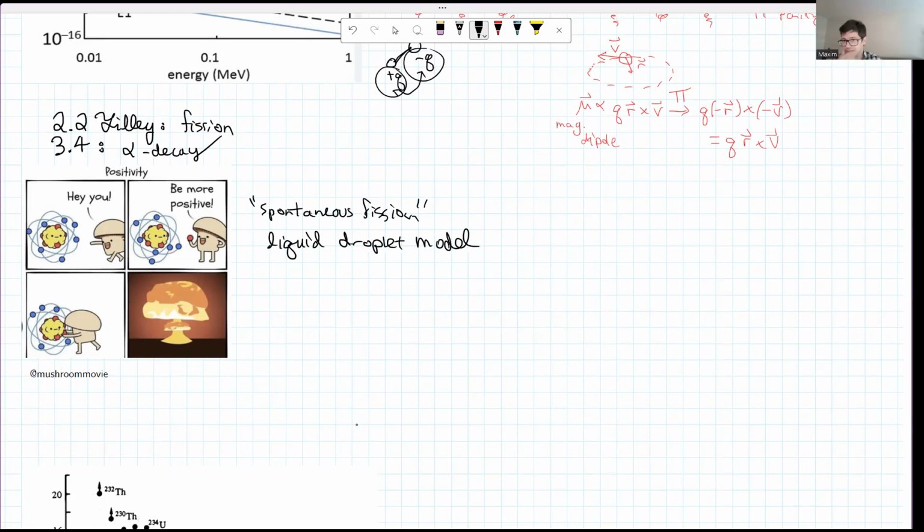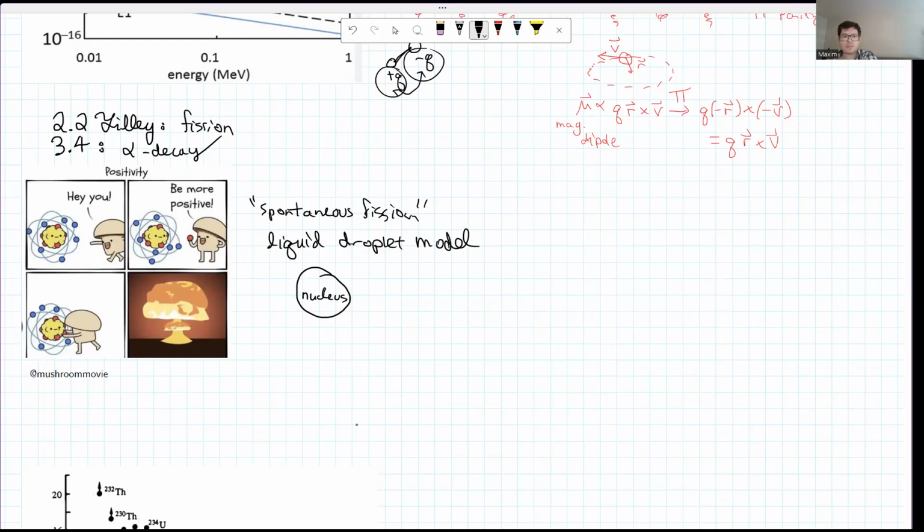So what happens is that you have a very large nucleus, right? And it becomes unstable to a particular kind of deformation that splits it.